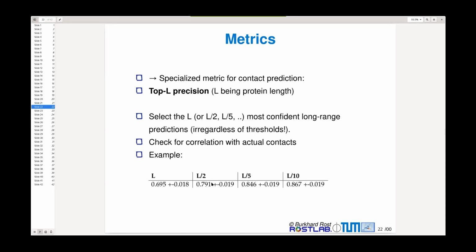So the smaller the set gets, the higher the precision should be in an ideal world. In the real world, this is often not the case, but this is what we strive for, because this is a good indication of the reliability of the positives we predict. And this is, again, very important for the folding.